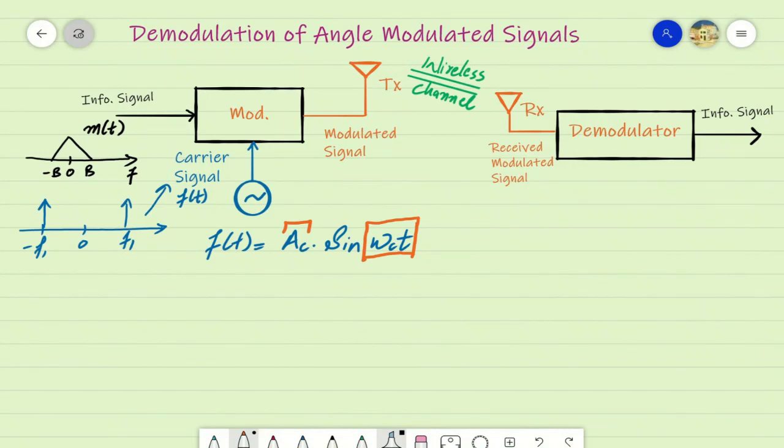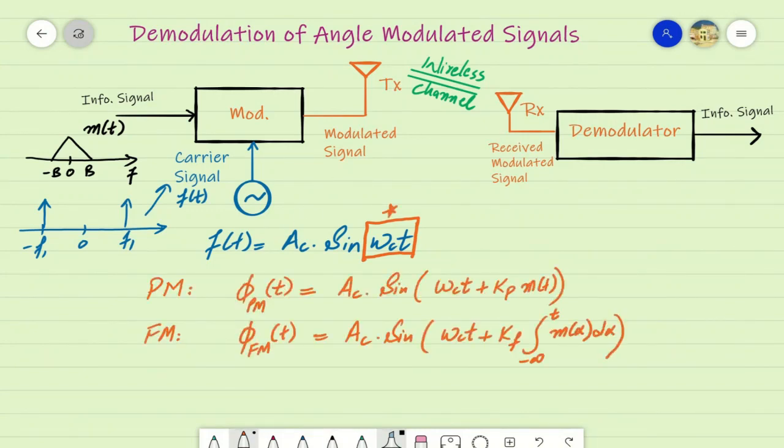If the phase is directly changed with respect to the amplitude of the information signal, such a scheme is referred to as phase modulation. And if the instantaneous frequency of the carrier is modified with respect to the amplitude of the information signal, we refer to such signals as frequency modulated signals.